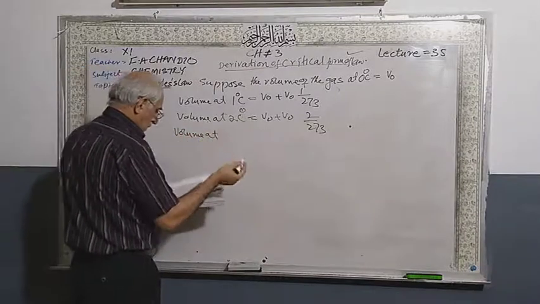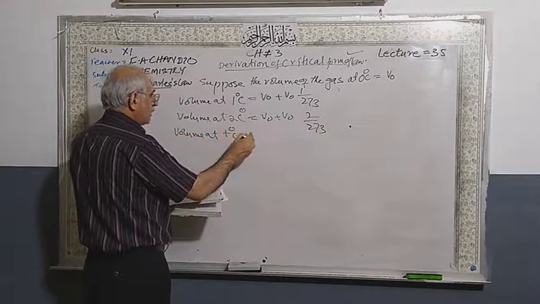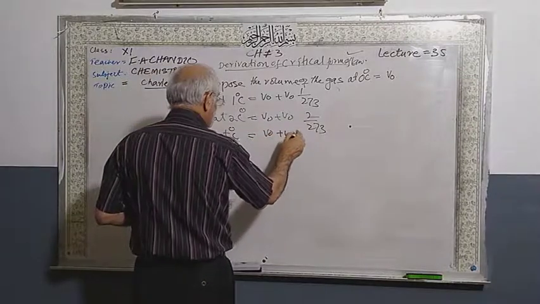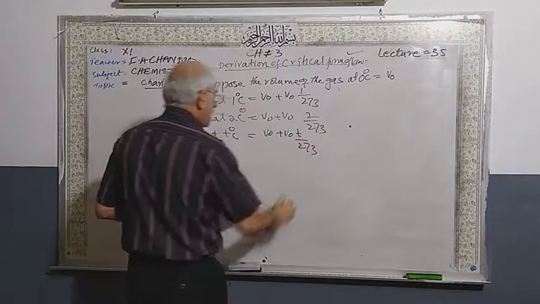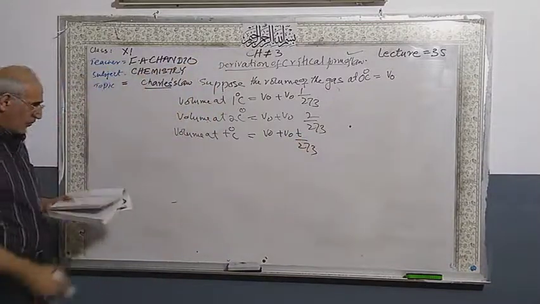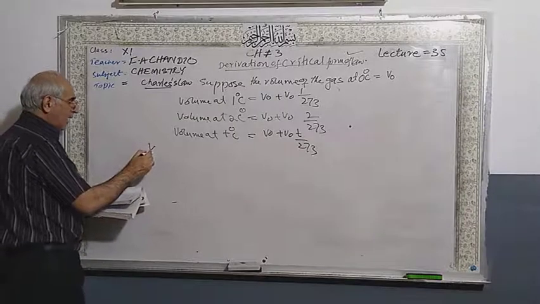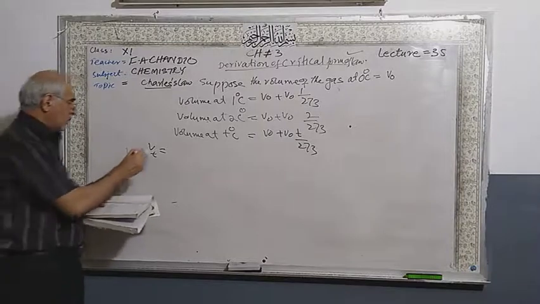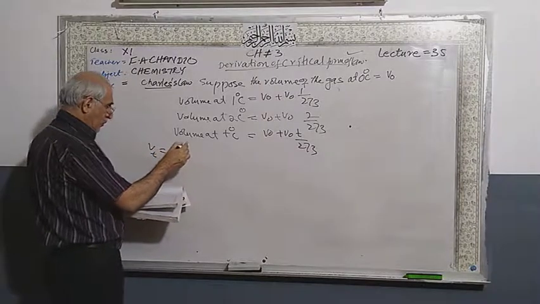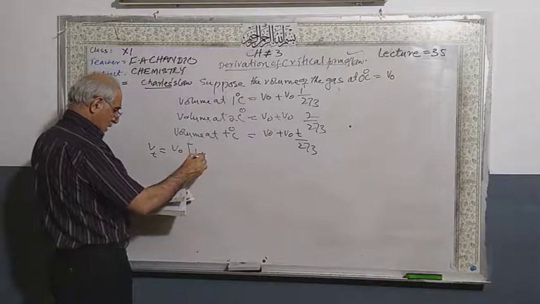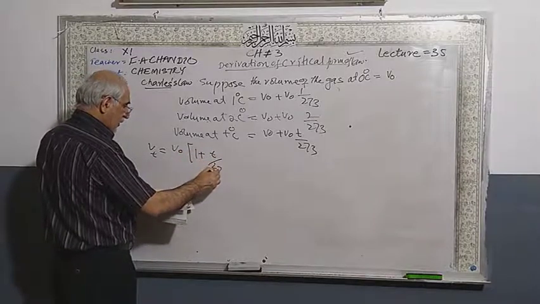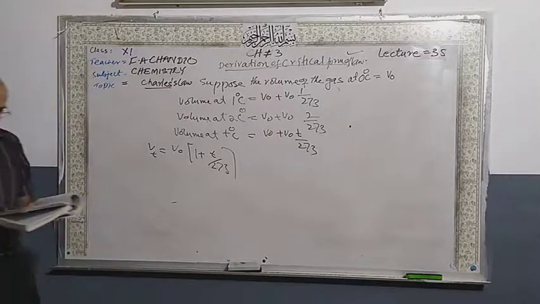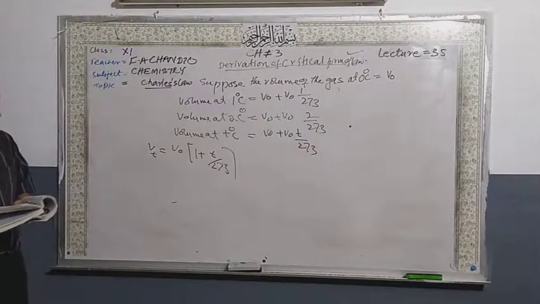the volume at a certain temperature is V naught plus V naught times T divided by 273. So if you take out V naught, the equation will be V naught times (1 plus T over 273).